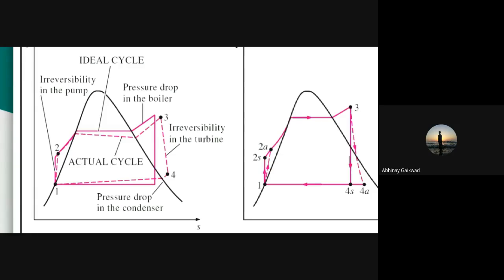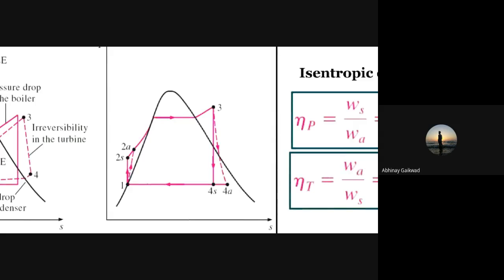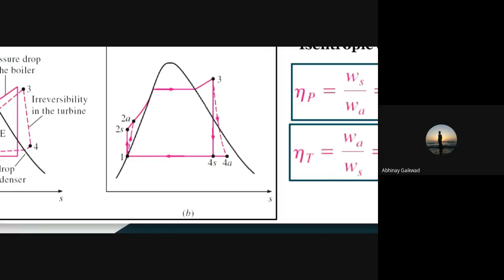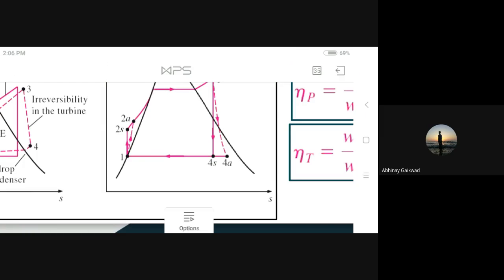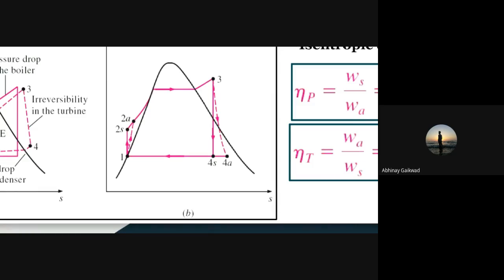Now this fluid friction causes the pressure drop in the boiler. So if you see the second diagram, 1 to 2, that is 2s, our ideal point of the ideal Rankine cycle. But due to the friction loss, which causes the pressure drop, we get a new point, that is 2a. As a result of this friction pressure drop, steam leaves the boiler at a somewhat lower pressure.